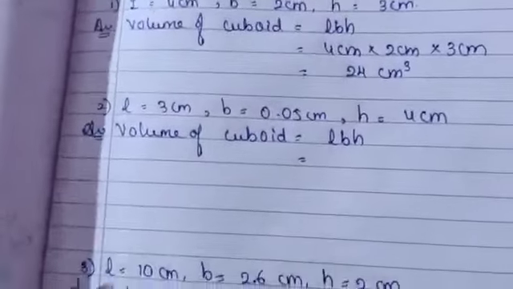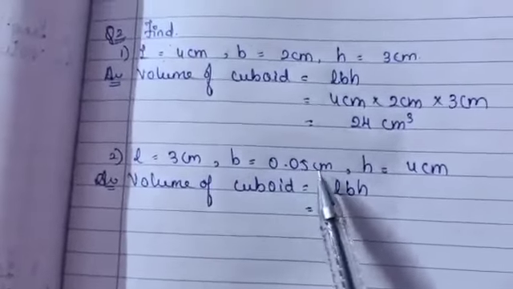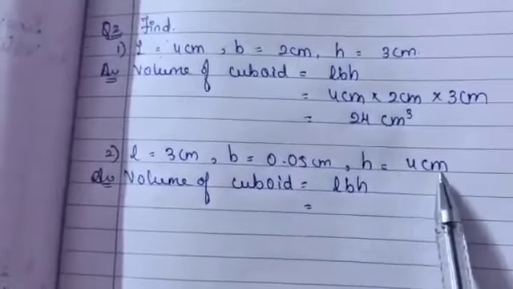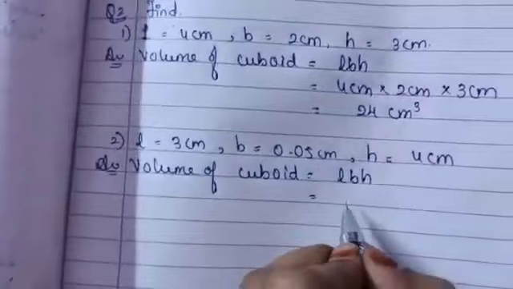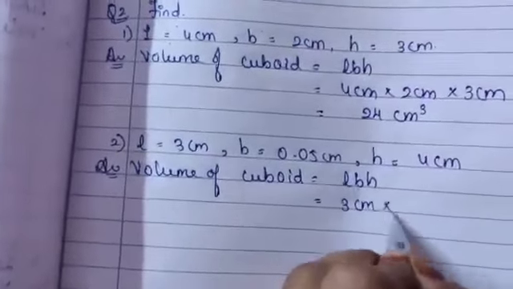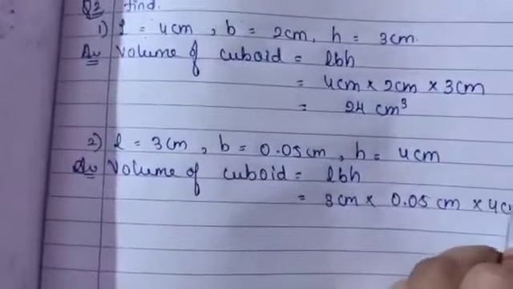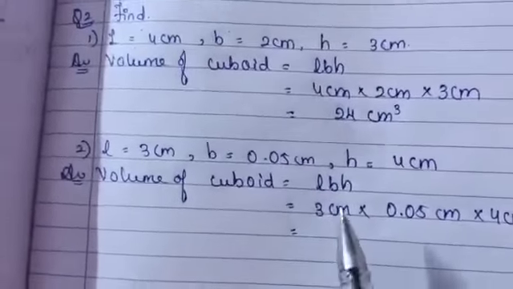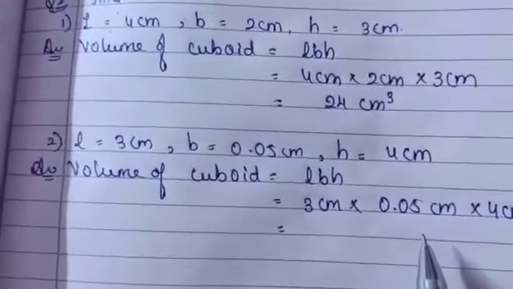Okay. Now number 2. L equals 3 centimeter, breadth equals 0.05 centimeter, height equals 4 centimeter. So volume of cuboid equals L into B into H. So 3 centimeter multiply by 0.05 centimeter and multiply by 4 centimeter. Okay. Now here what we will do? We have to multiply all this.